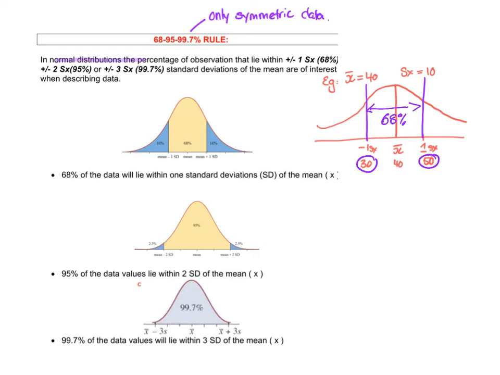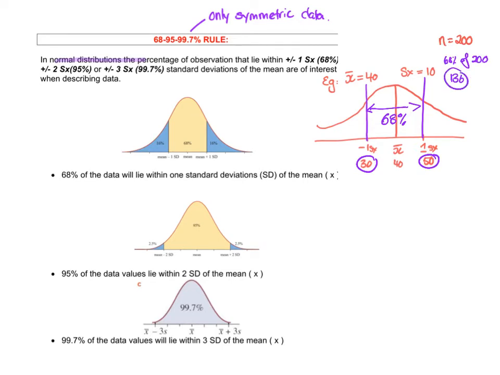Now say I told you that we surveyed 200 people. Well, then I could say 68% of 200 gives us 136, don't we?